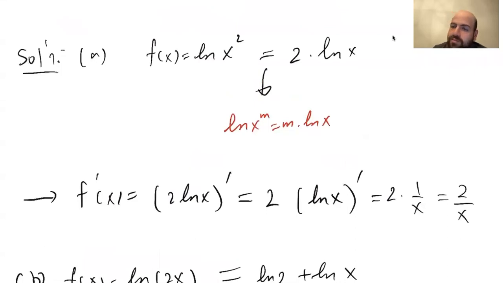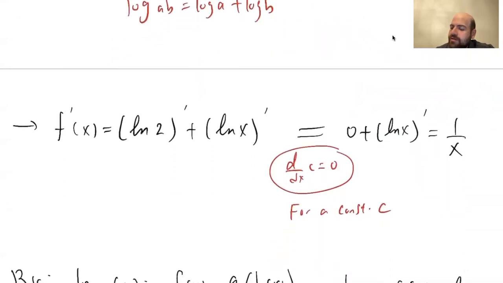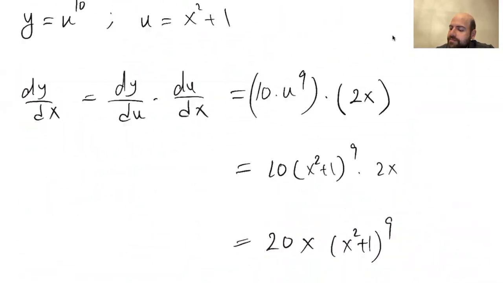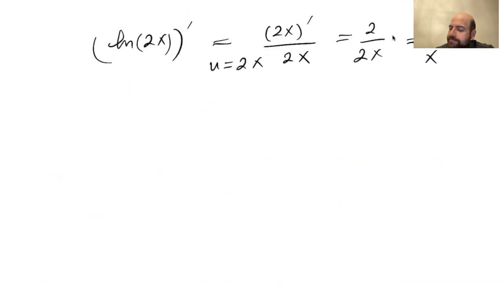In the previous example we did it in another way, but our answer is the same. See, the derivative of ln x squared is 2 over x, and the derivative of ln 2x is 1 over x, which is exactly the answer we got here.